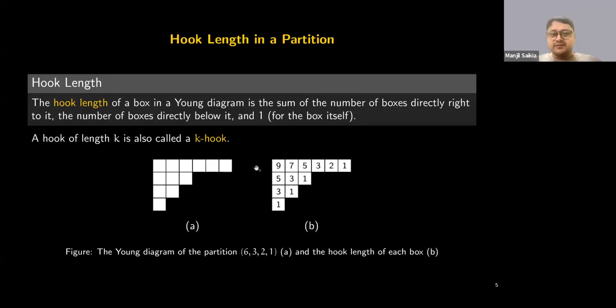This figure shows all the hook lengths of the boxes in the partition 6 plus 3 plus 2 plus 1. For instance, if you look at this box, then you have 1 box to its right, 1 box below it, and 1 for the box itself. So you get 3 as the hook length.